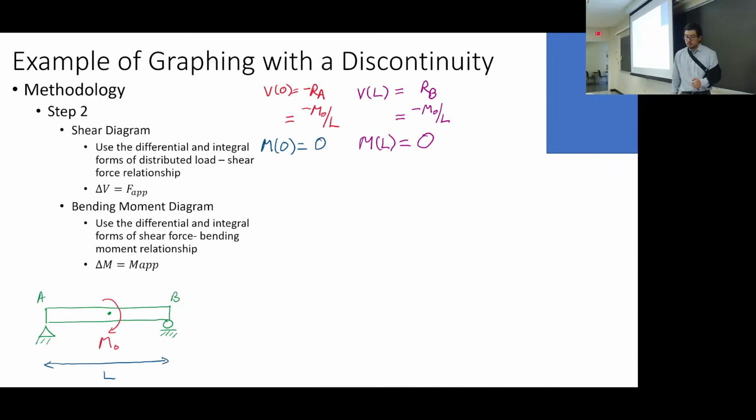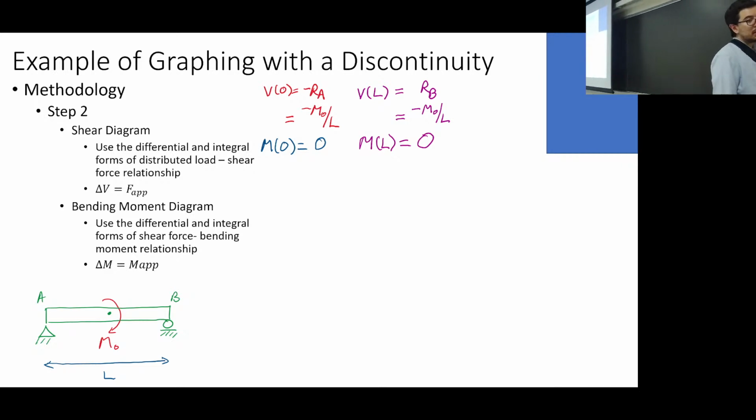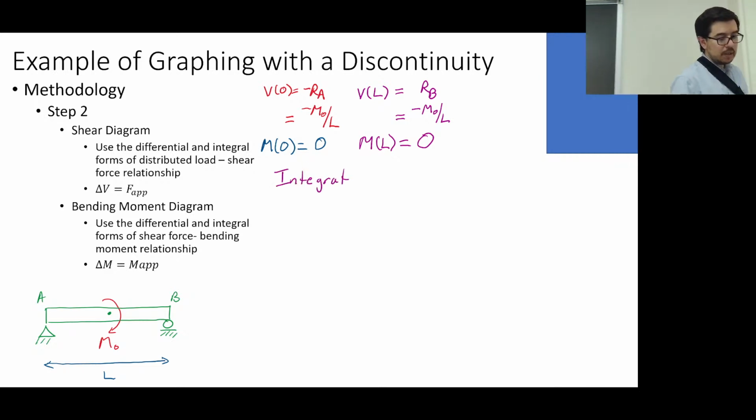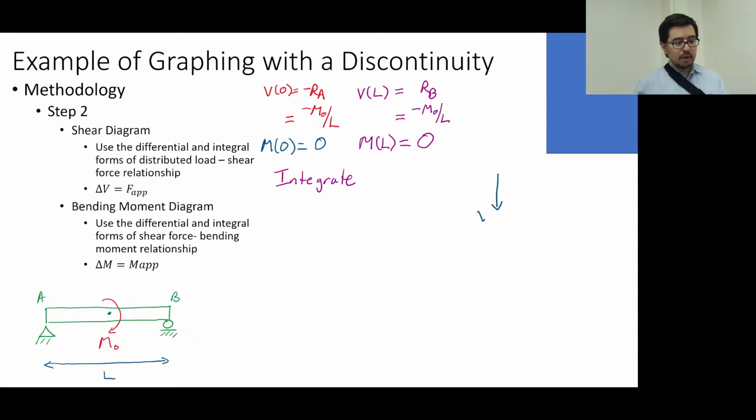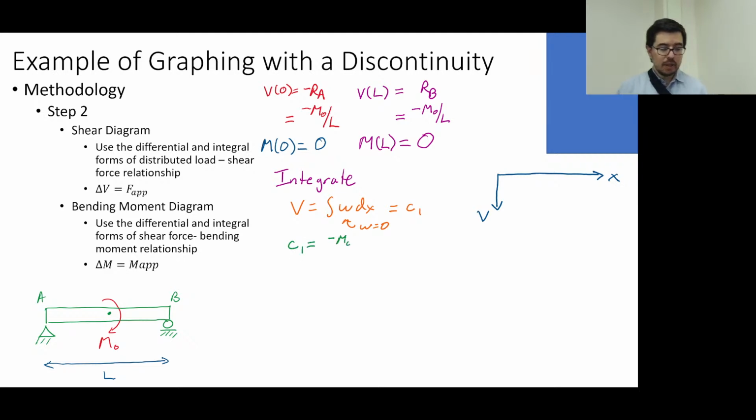Okay. So here we can integrate dV/dx, but is there any w? No, it's 0, right? So then we get a c1, and c1 is equal to V, and it's good here. V is the same on both sides.